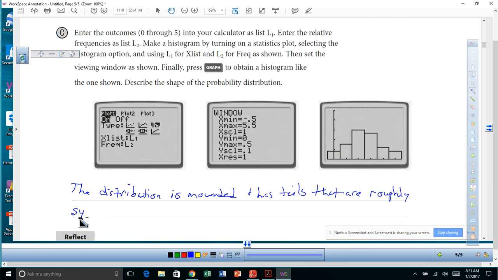They're not perfectly symmetric, but they're roughly. So the distribution is approximately normal.